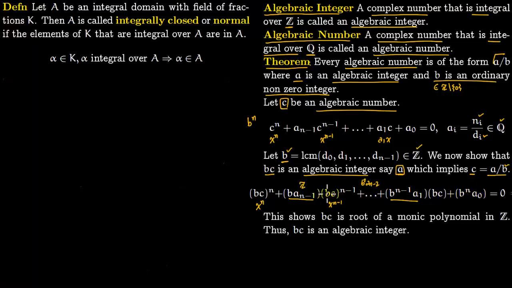So each of these coefficients is again an integer. So we have been able to find a polynomial from this polynomial here, and bc is a root of a monic polynomial with coefficients in the integers, and therefore bc is an algebraic integer, which we wanted to show.